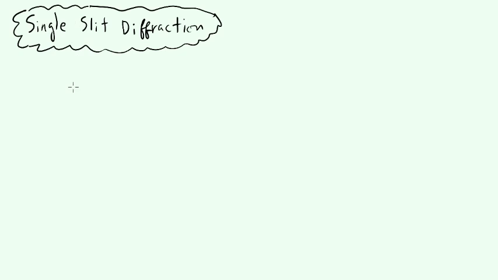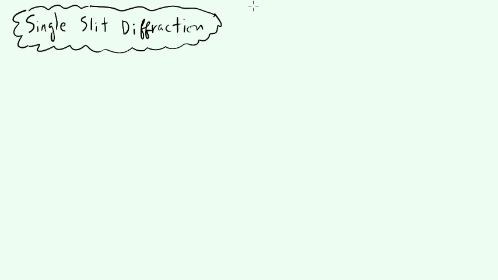Although when we did the diffraction grating, we actually considered a long groove, but still we didn't actually think about its thickness. And so now it's time for us to really confront what is actually a single slit, and what's the diffraction effect from that.